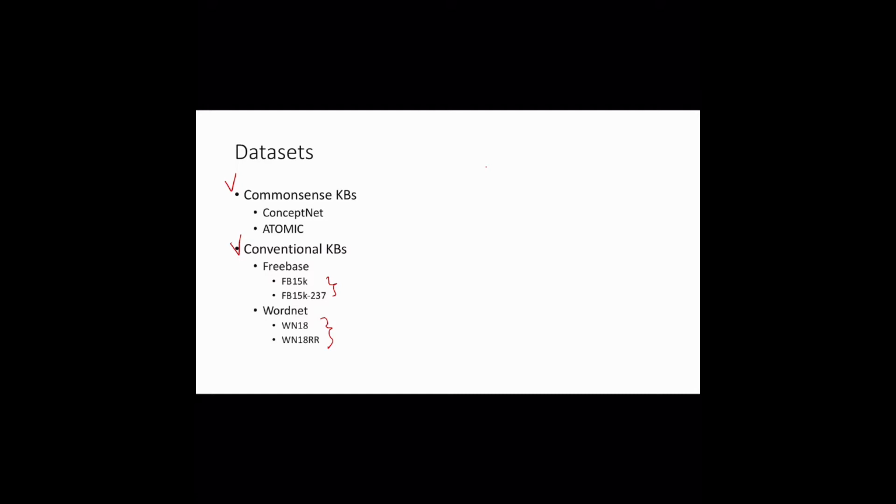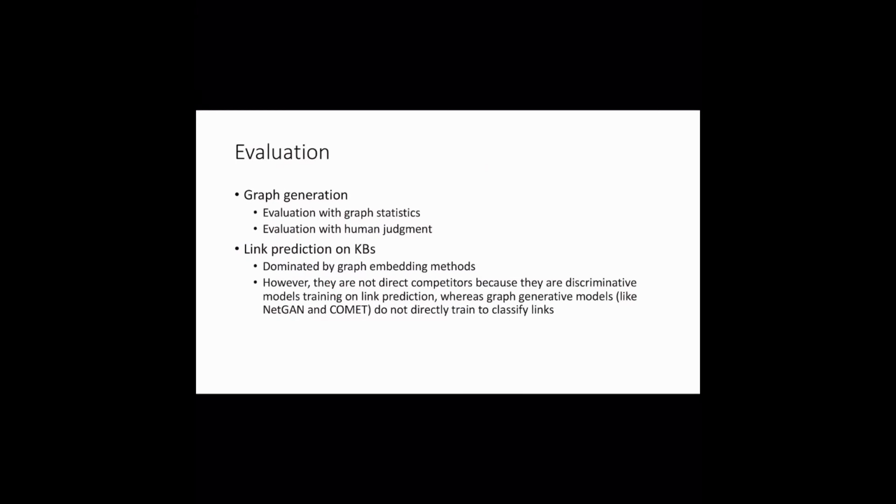These subsets contain tens of thousands of entities, dozens to thousands of relations, and hundreds of thousands of tuples. To evaluate the graph generation models, we would evaluate the graph generation itself by measuring the various statistics of the produced graph and by also using human judgment.